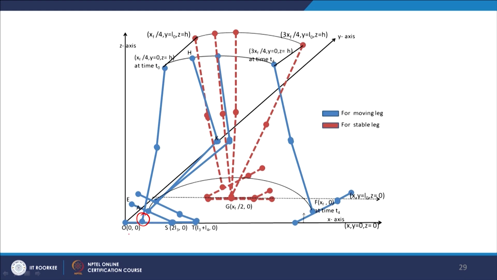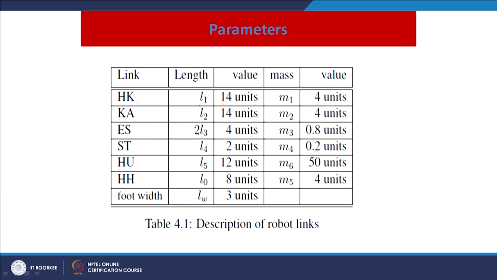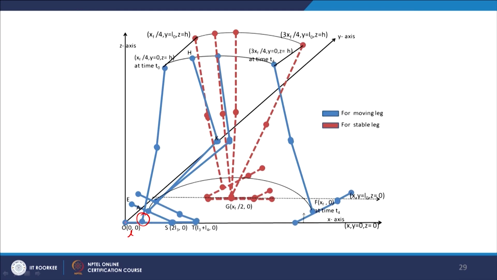So, this is 2L3, from heel to the ankle it is L3 and ankle to the sole is again L3 and the sole to the toe is L4. The initial position of the ankle is given by L3 0 0. This is the x direction, the y direction is this and the z direction is the vertical direction.